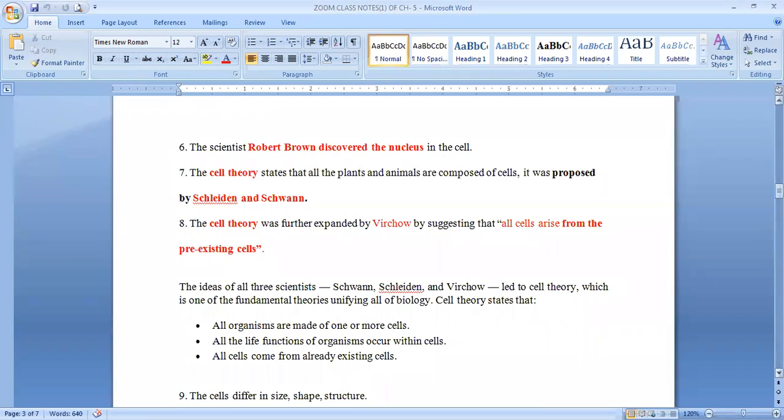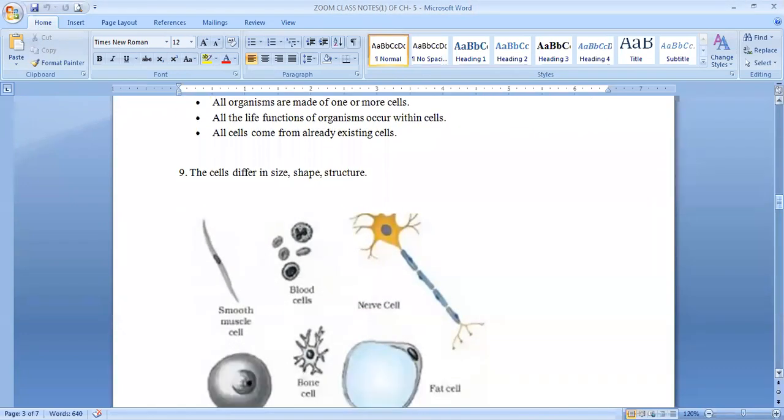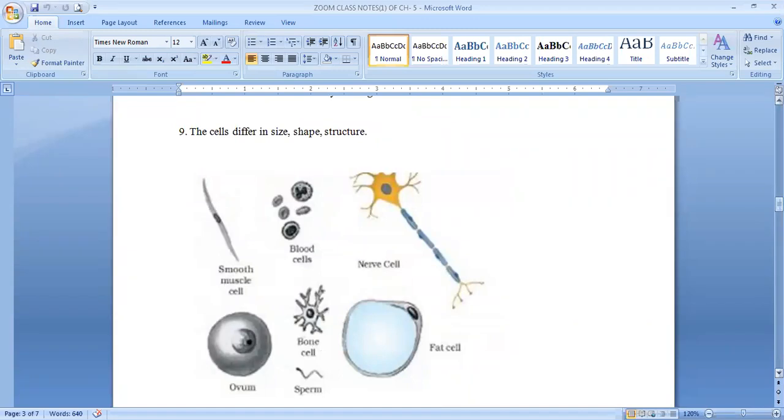And all of you know that the cells are different in shape, size, and structure. You can observe in your body that there are different kinds of cells. You can see that the muscle cells are long and spindle shaped. Your blood cells are round or disc shaped, right? Your nerve cells are star shaped. You have read in 8th class about the nerve cell.